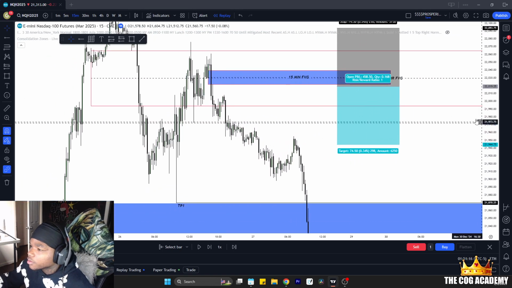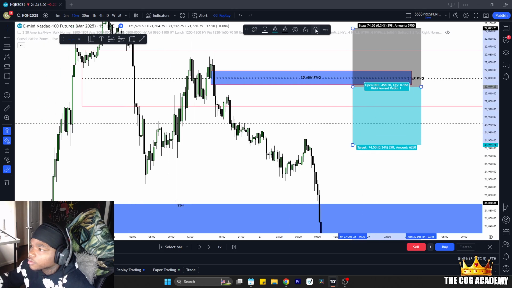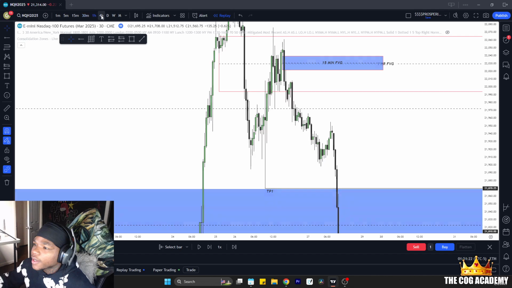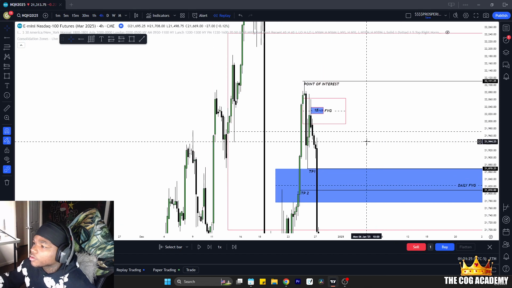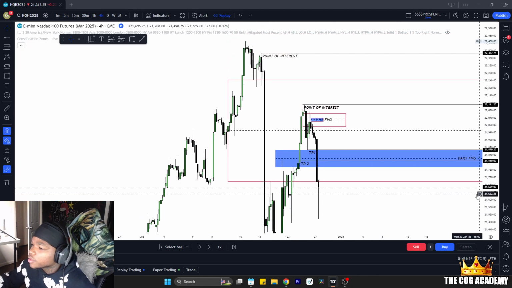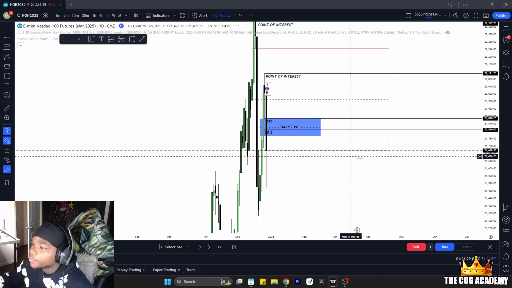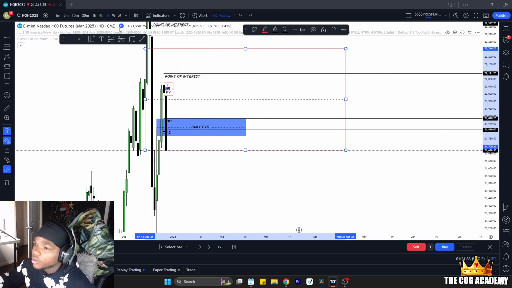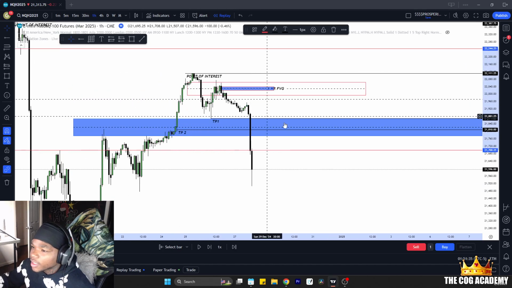Let's see what we missed of that. So out of this crazy bearish fair value gap, we went lower. So being mindful when actually saying that was good.